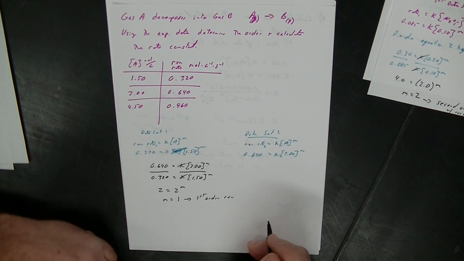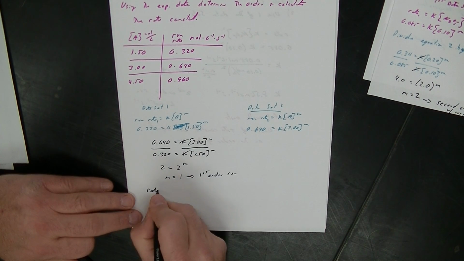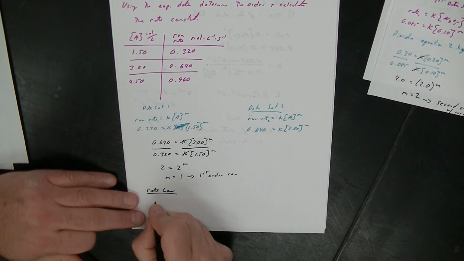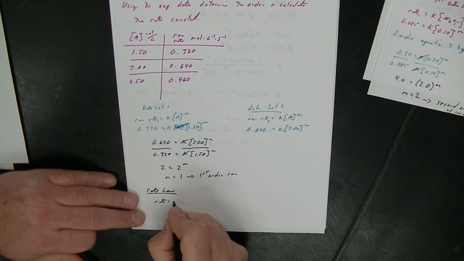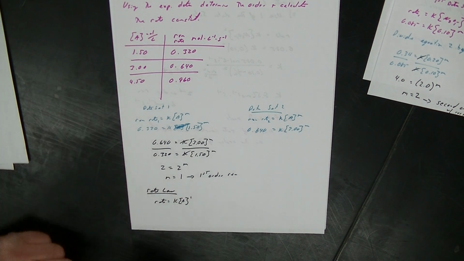So now we can write our rate law. Rate equals some constant K times the concentration of A to the first.